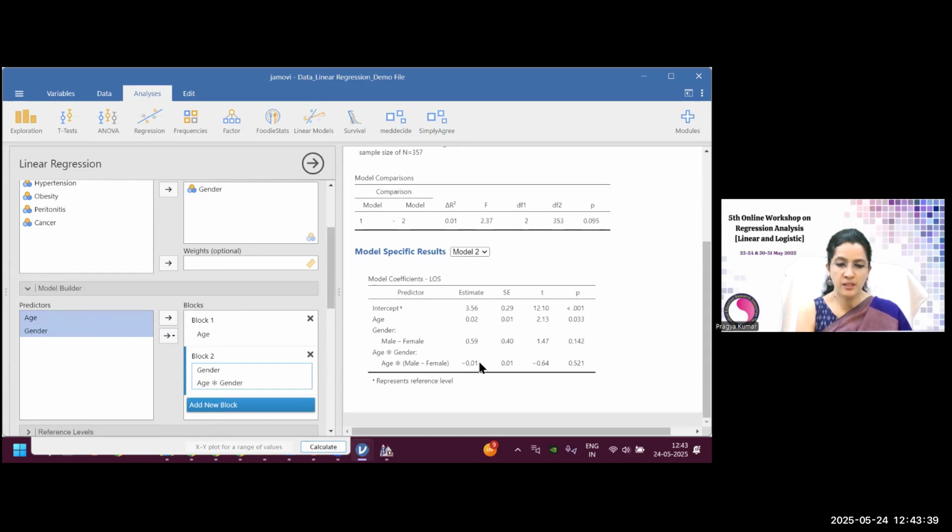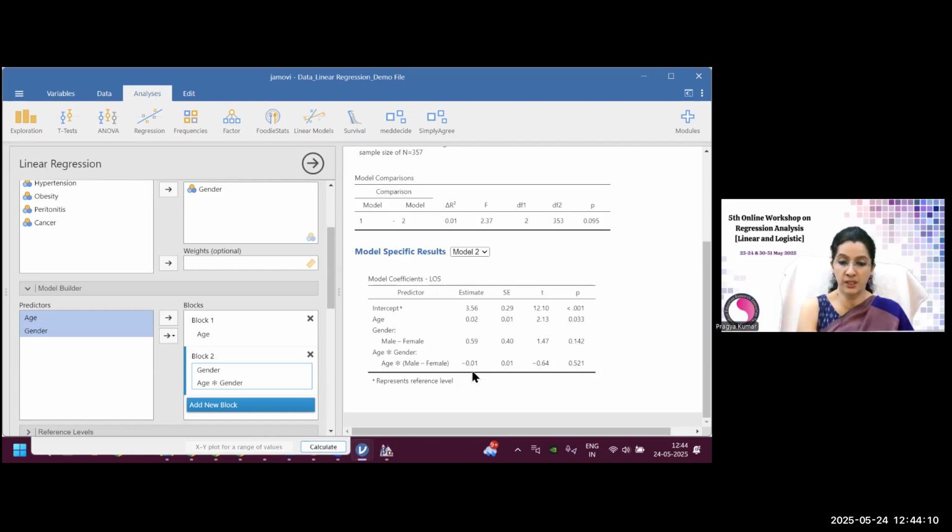So it is not significant, but the coefficient is minus 0.01. So that means the reference level is male, the reference is female here. So you can say that with age, in the higher age group or with increasing age, the difference in male and female length of stay will be 0.01. That's how we will interpret.